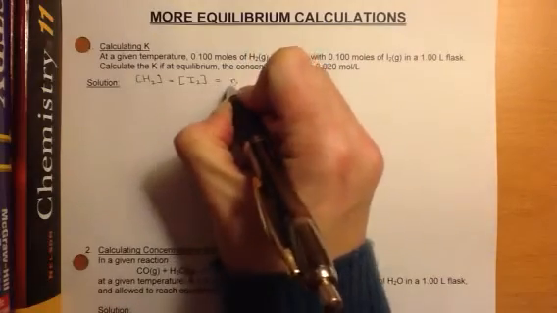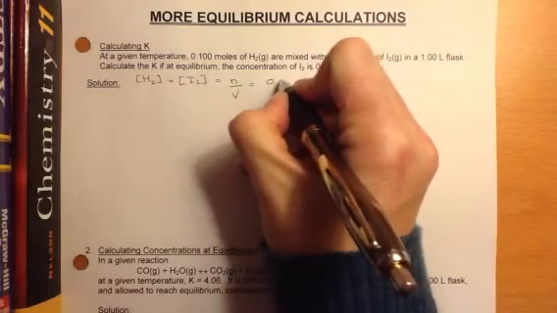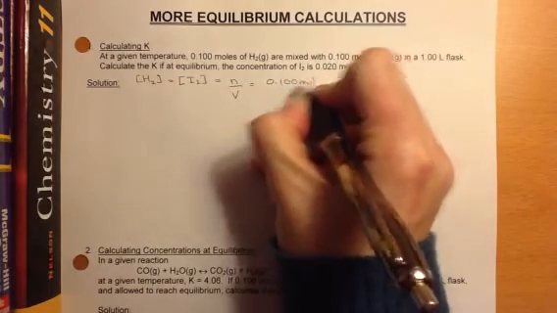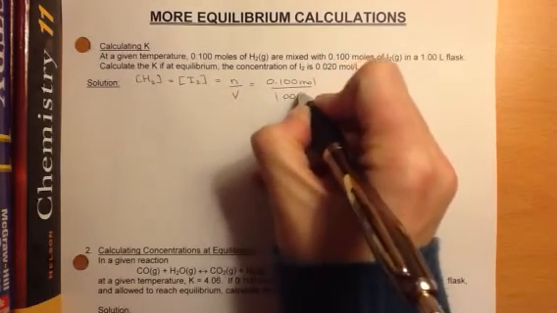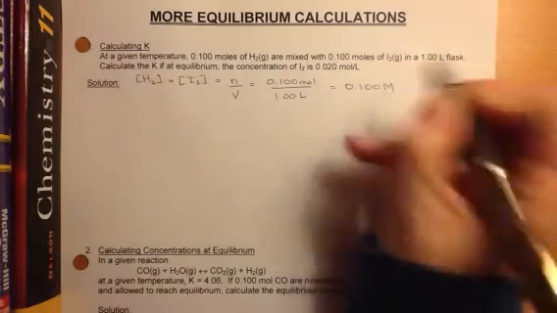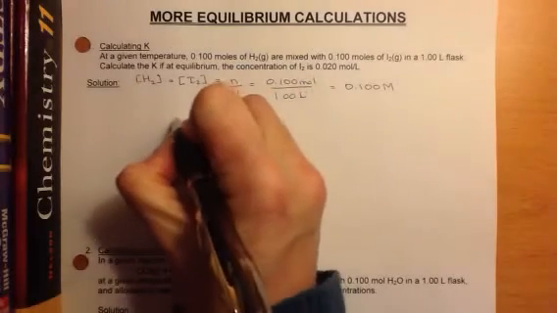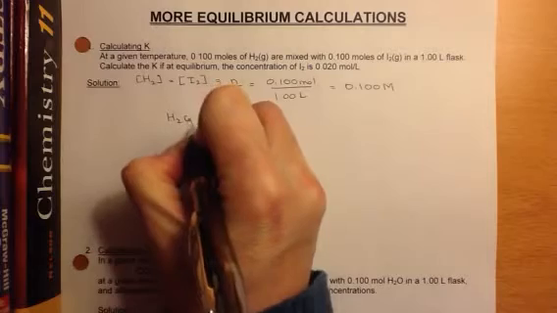So take your number of moles and divide by your volume. So our concentrations are 0.1 moles per liter for our two reactants, hydrogen and iodine. Let's do our ICE chart now. So write your balanced chemical equation.